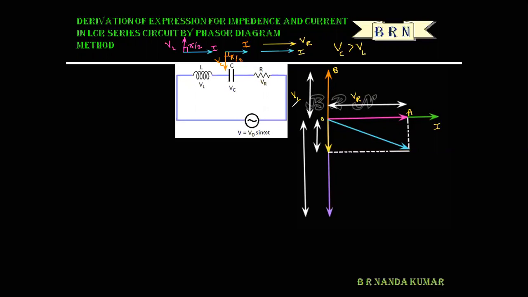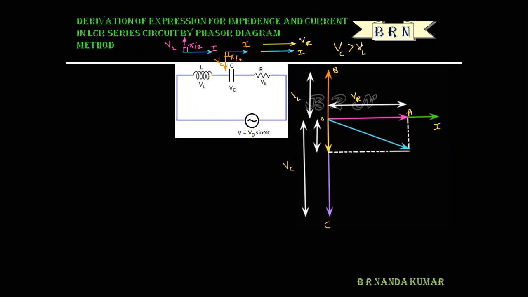And the potential difference across C, that is VC, lags behind the current by an angle pi by 2 radian, and is represented by the vector OC.